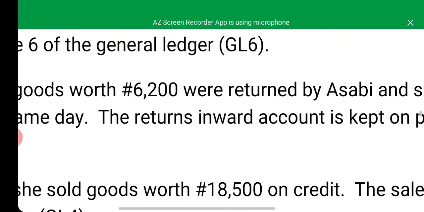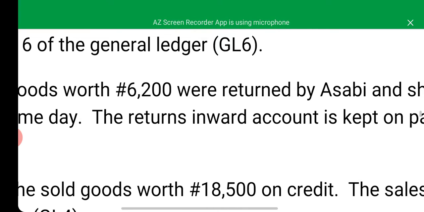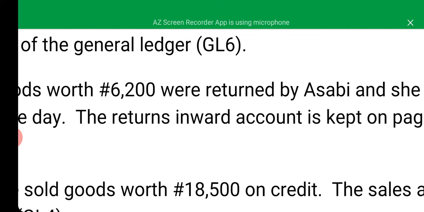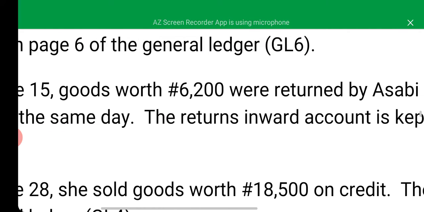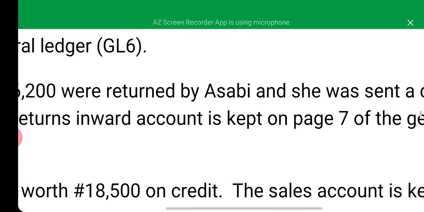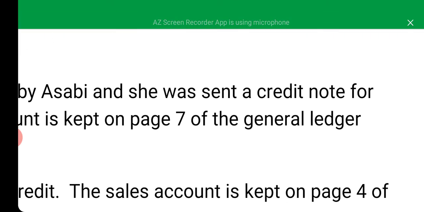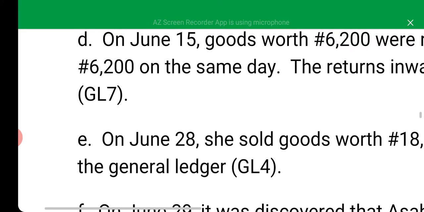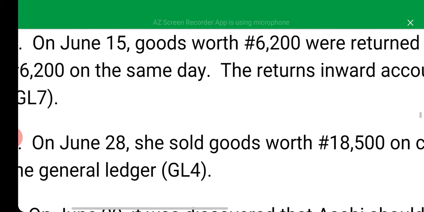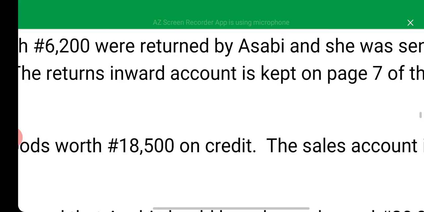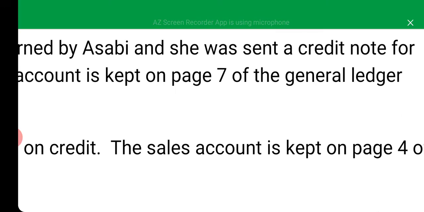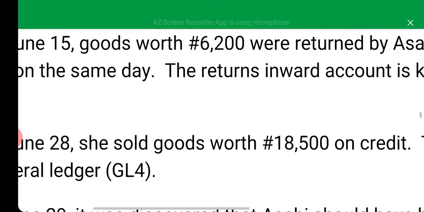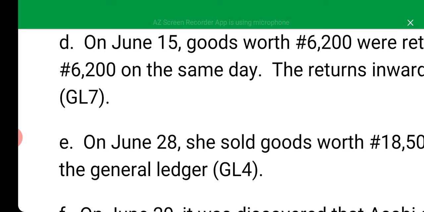It may be due to damages or one complaint or the other. So goods worth 6,200 were returned by Asabi, and she was sent a credit note for 6,200 on the same day. Then the returns inwards account is kept on page 7 of the general ledger, GL7.